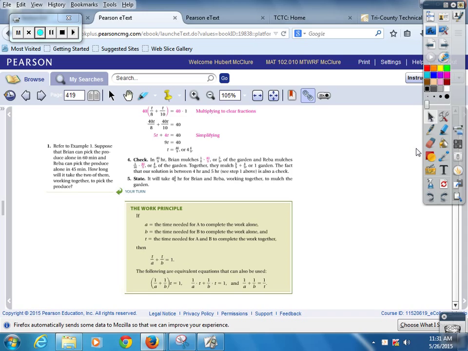T over the guy plus T over the girl is equal to 1. Because they're always going to give you a guy and a girl, and most of the time, the girl is going to be able to do the better job, or do it quicker. Very rarely do they let the guy have the credit of doing it quicker, or he does it sloppier and fast.